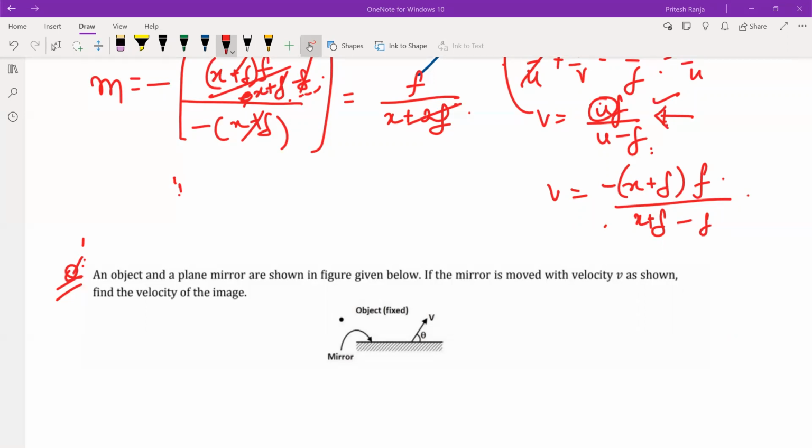So what we will get here, the speed of the image we have to find.